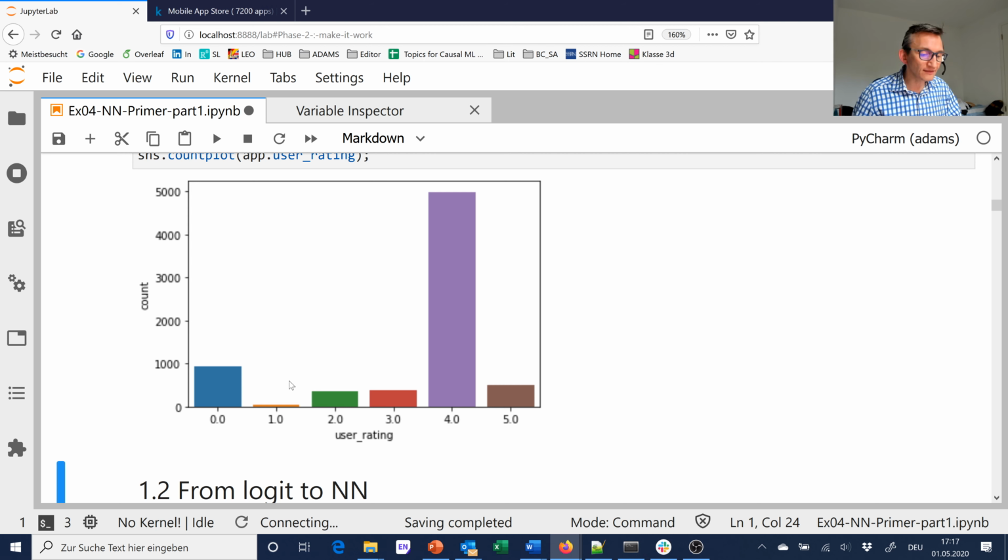You see that these grades are still rather unevenly distributed. The vast majority of apps was rated 4-star. A few 5-star apps we've got, and then 0 also sticks out, and that's quite common with ratings. Ratings normally display a U-shaped distribution.